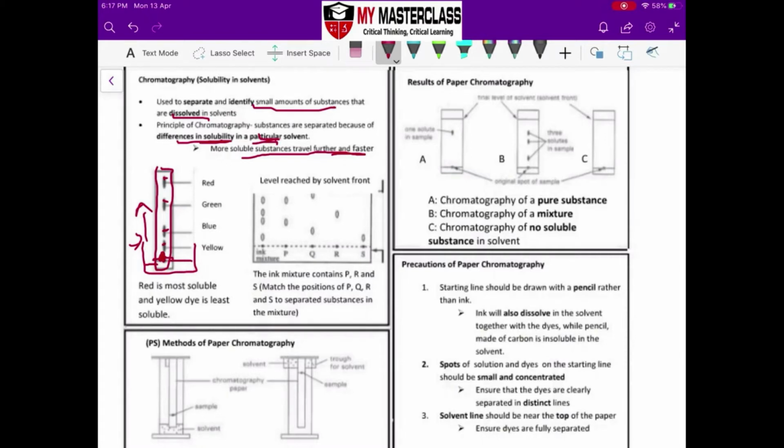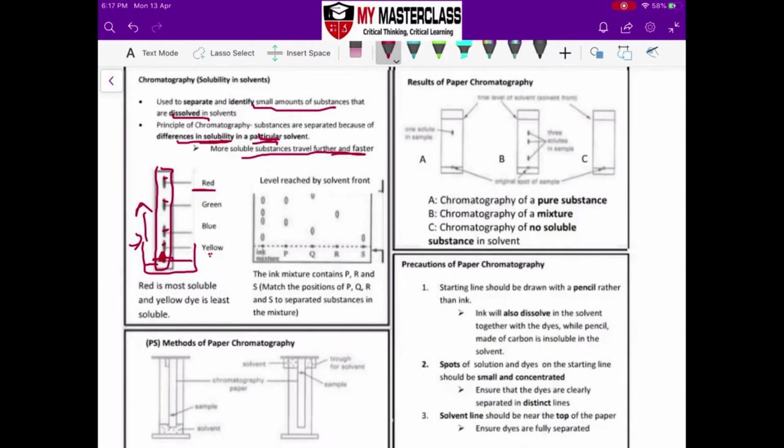In this case, your red dye, which comes from this original ink, is the most soluble because it travels the furthest. Your yellow dye, which is also made up from this ink, is the least soluble.